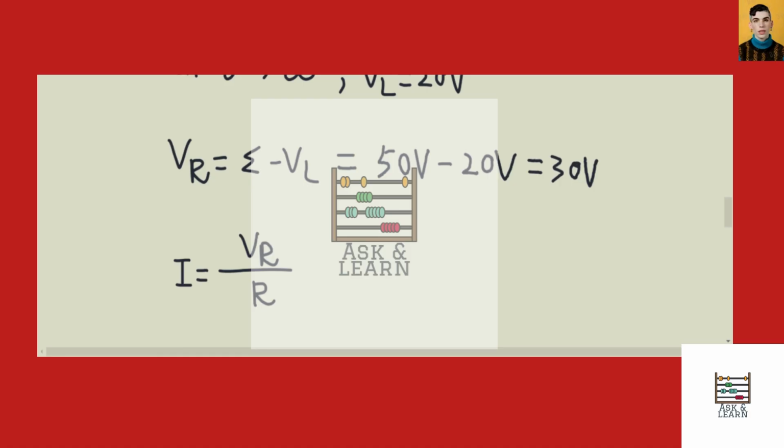The current in the circuit is equal to the current through the resistor, so we can determine the current by VR over R, which is 30 volts over 10 ohm. This gives us 3.0 ampere.